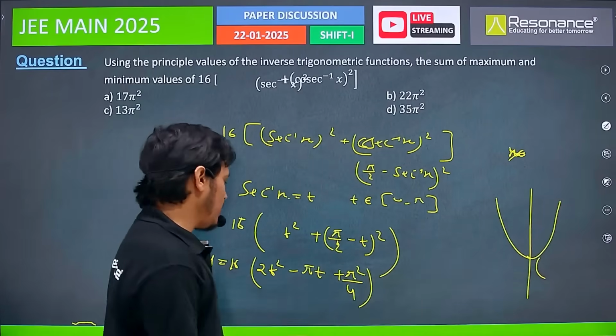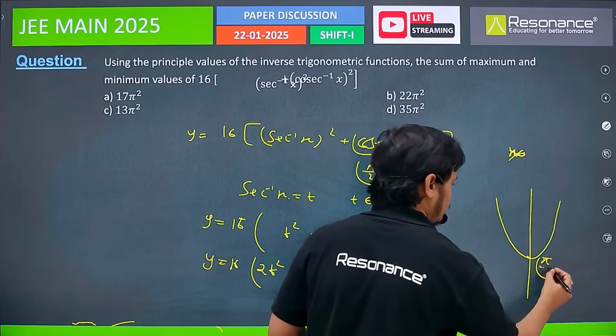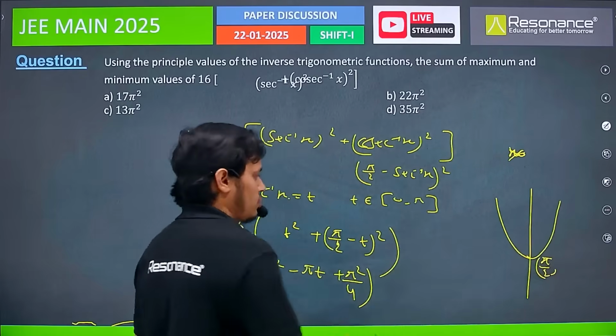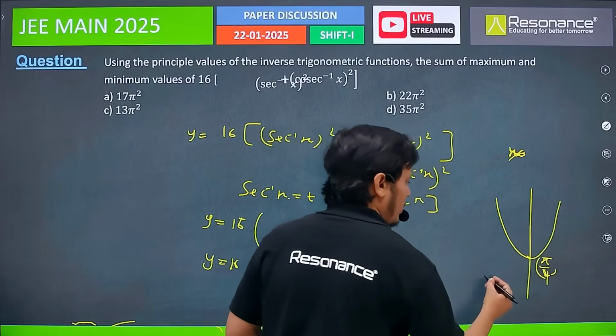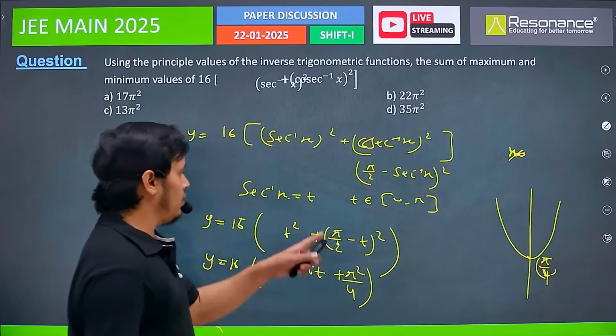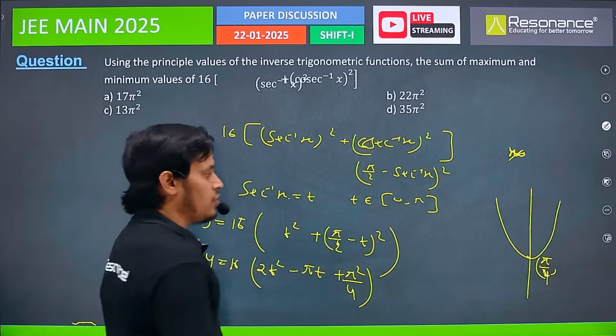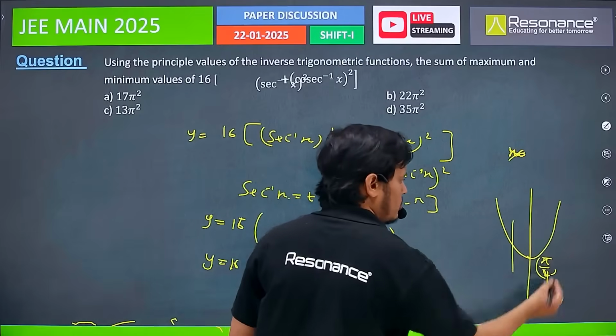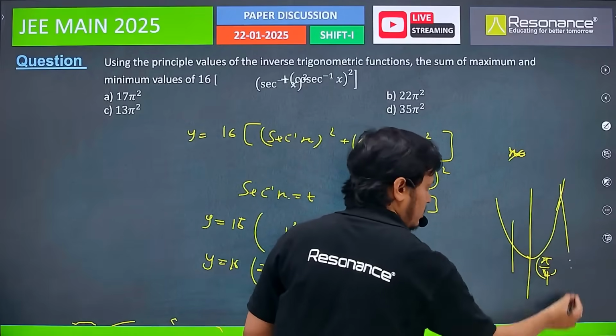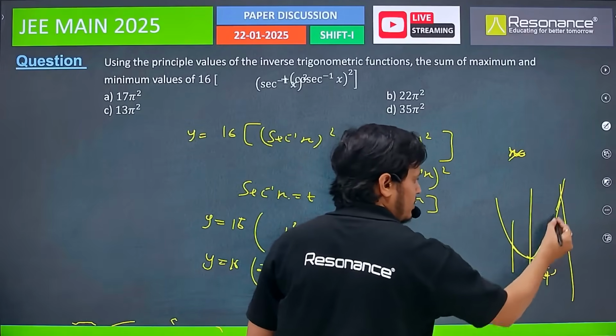So minus b by 2a will be pi by 4. And our interval is 0 to pi. t is from 0 to pi, so the vertex is at pi by 4. So 0 suppose here and pi is here. So in this interval, this is the graph.